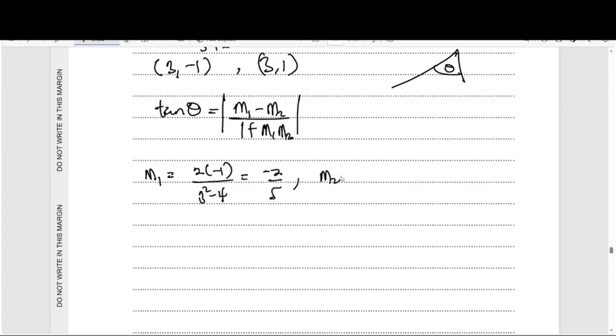And then m2 is substituting 3 and 1, so that's going to be 2 times y, which is 1, over x squared, which is 3 squared minus 4. So we have 2 over 5 positive, right?